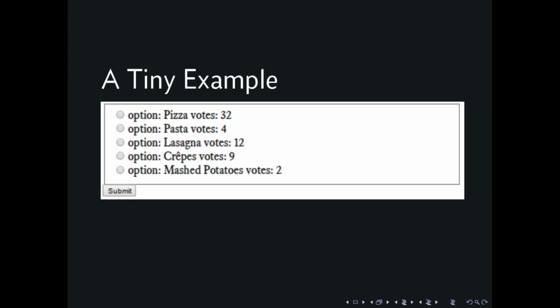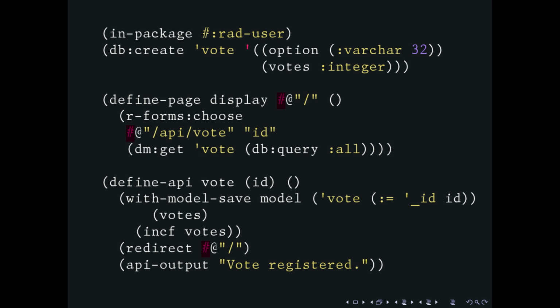So I'm going to show a tiny example of it, just sort of voting applications with a couple of options. You can click and check one of them, click submit, and the vote counter will increase by 1. The code for that is very minimal. What we do is we create a database table for us, which has an option name and the vote counter, and we define a page, which is used to display our votes, the thing we seen before.